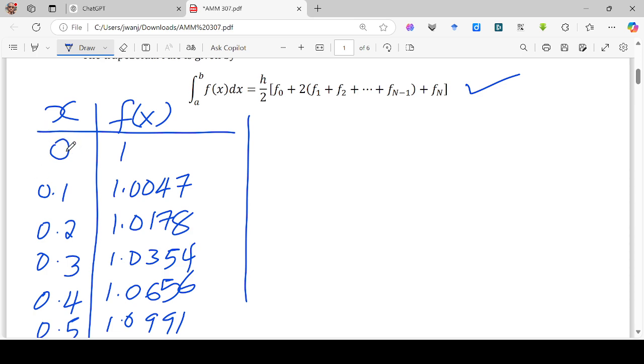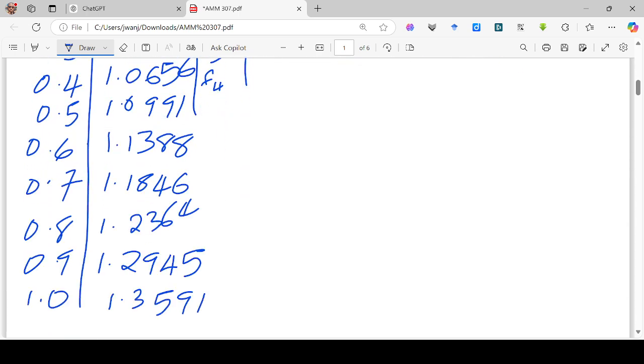So we're going to have this as x naught, x1, x2, and so on, so that the corresponding value of the function here will be f naught, f1, f2, f3, f4, and so on, f5, f6, f7, f8, f9, up to f10, the last entry there.